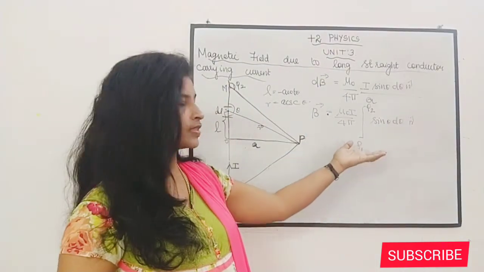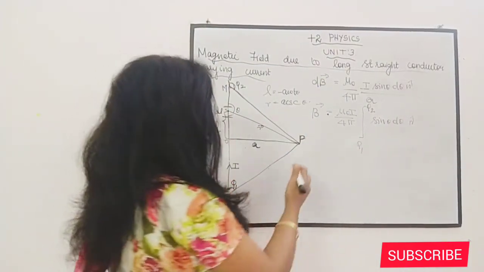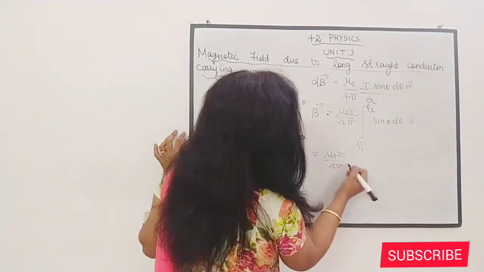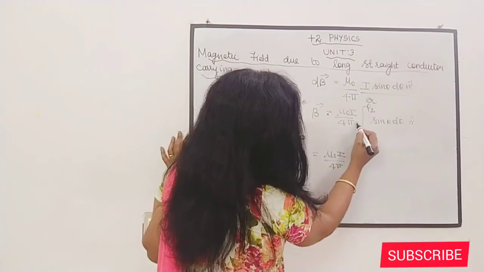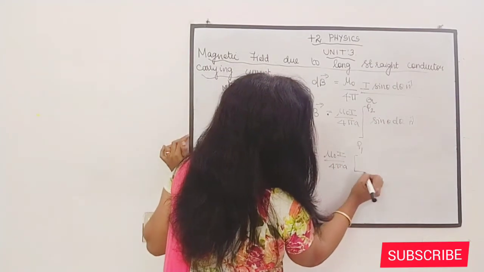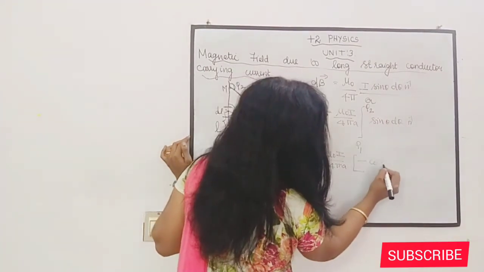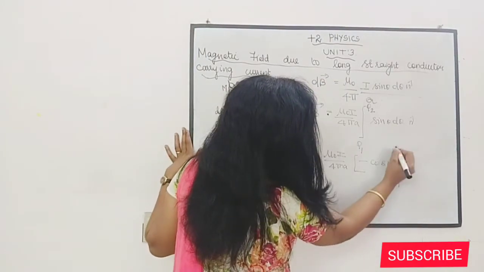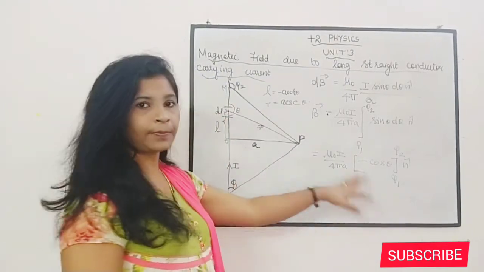What is the integration of sin theta? Yes, it is minus cos theta, right? So integrated, mu naught I by 4 pi. a also you can take outside, 4 pi a. Integration of sin theta is minus cos theta n cap, limit from phi 1 to phi 2. Now just apply the limit.